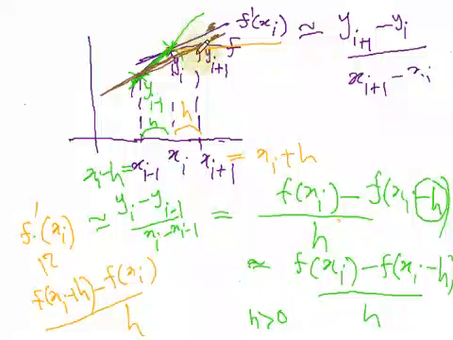This slope seems to be equal to the original slope, so I hope the midpoint approximation is a better approximation than the other two, forward and backward. I hope you understood this.